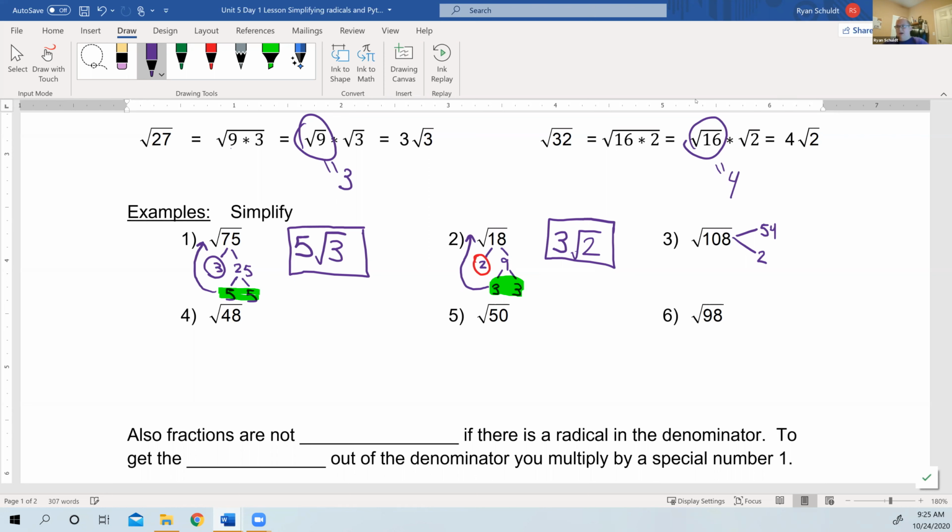Oh, that's even. Okay, fine. 2 and 27. So now we look at 27. Well, 2 can't go into it, but 3 can. And so can 9. So then I'll look at this. 9 is 3 and 3. Now I'm done. I've reached dead ends.